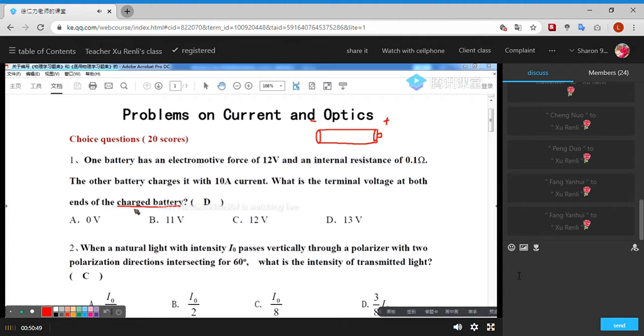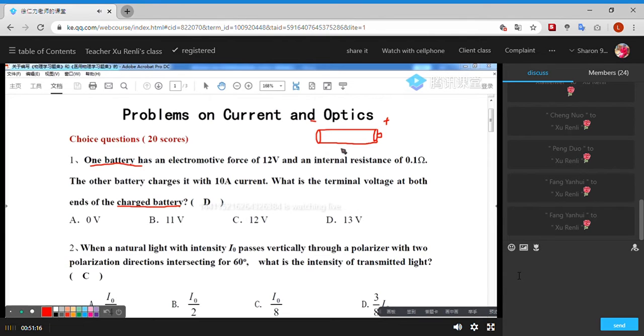Not all batteries can be charged. Some batteries can be charged, and other batteries cannot. This question tells us the physical property of a charged battery.